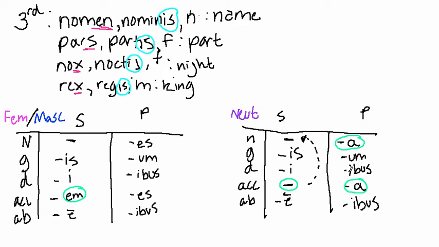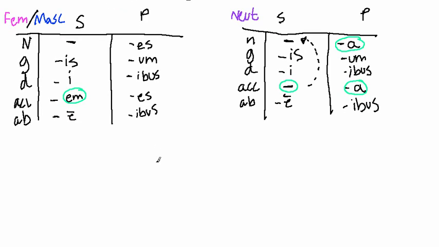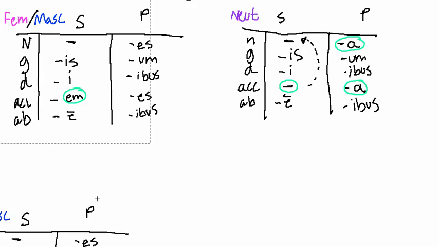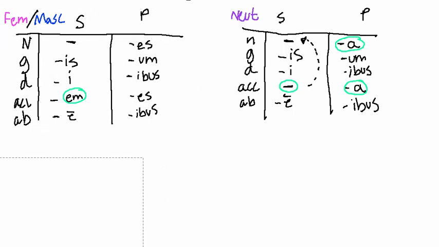So I'll now decline a masculine noun and a neuter noun, since masculine and feminine are pretty much the same. Well, they actually are the same, because the masculine and feminine have the same set of endings. So I'll draw my chart again. Actually, I'll just copy and paste this chart and fill in the endings. My bad, that didn't work.